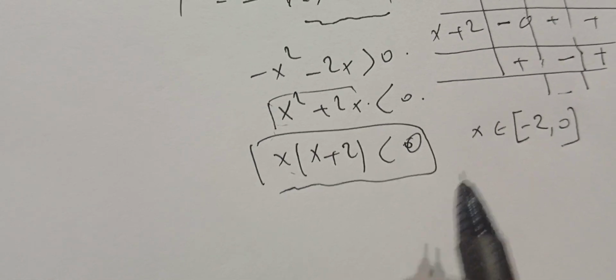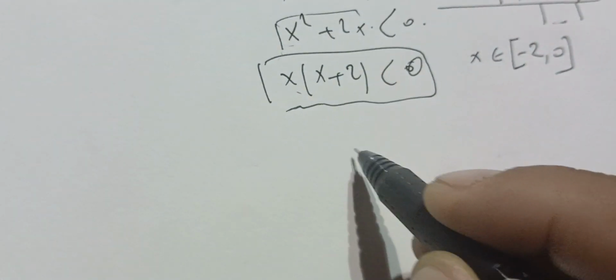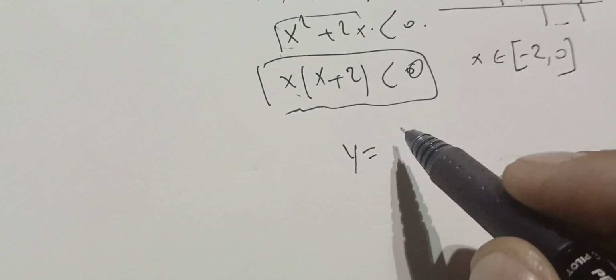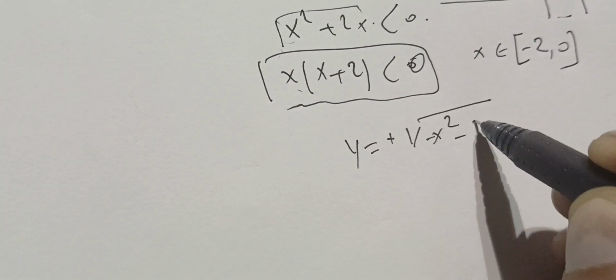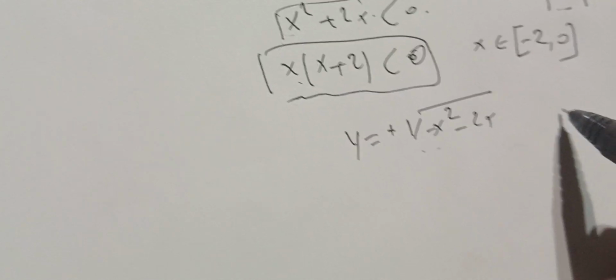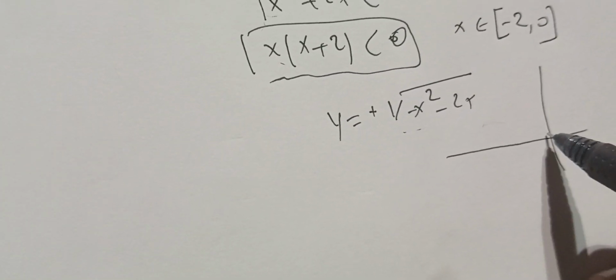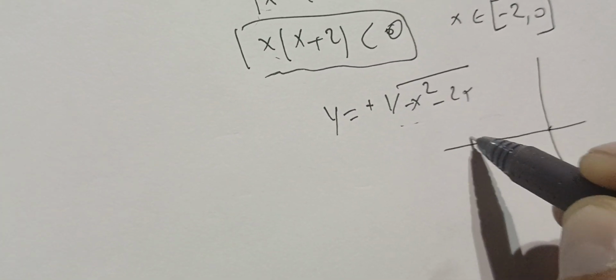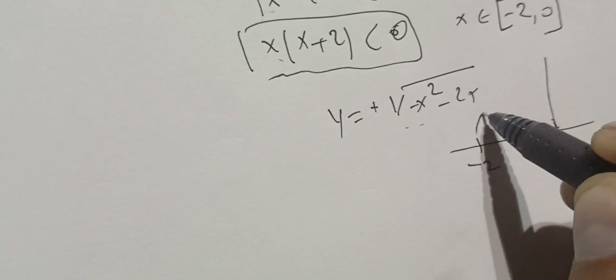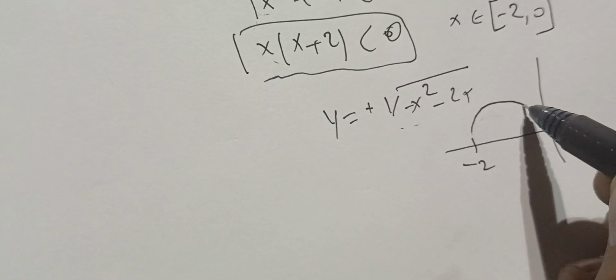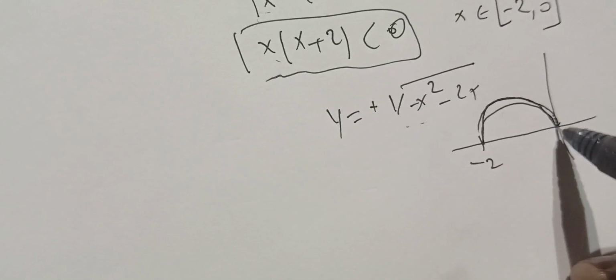If we graph just the plus sign, the first one, square root of minus x squared minus 2x, we get it's between minus 2 and 0, and it's positive. So here we get half a circle.